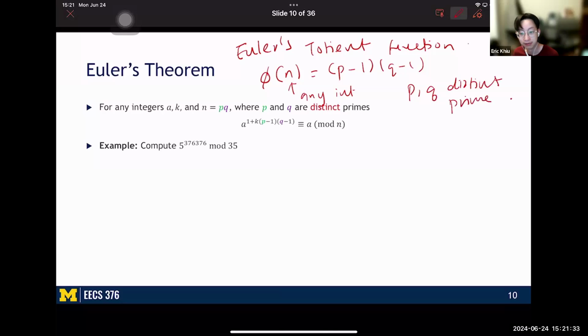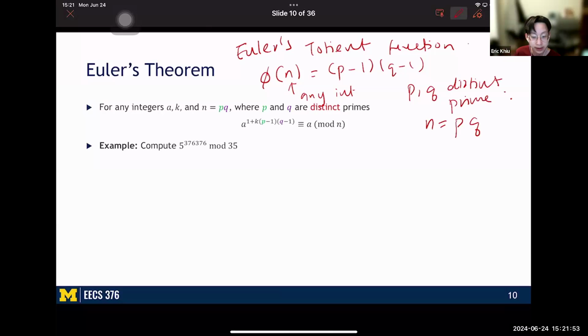Prime numbers have really nice properties that allow us to make the crypto system strong, and this is why we want to work with prime numbers. Here, n is the product of the two distinct primes.